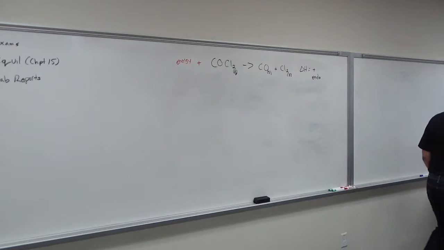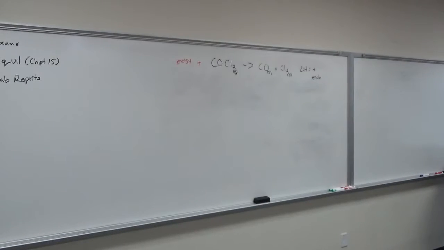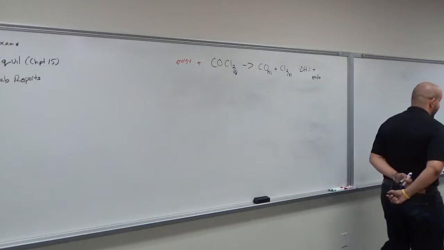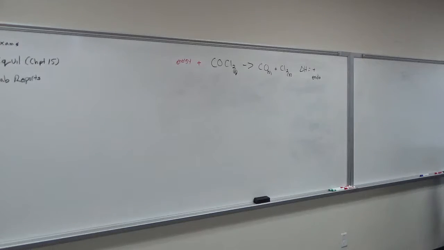Okay, now let's talk about 4 minutes. At the 4-minute mark, what has happened? And this is going to take some little graphical intuition. At the 4-minute mark, what has happened? Mind you, this is at a constant temperature, so take that into consideration.